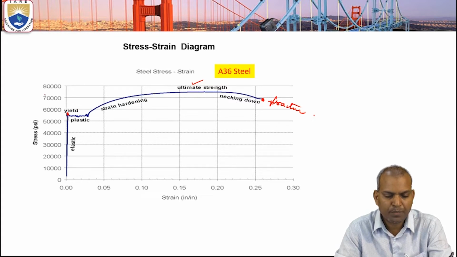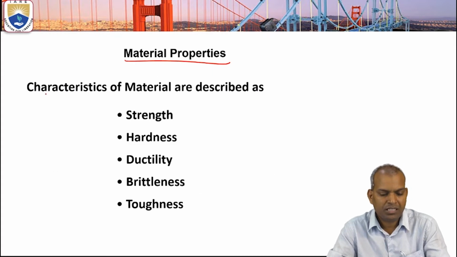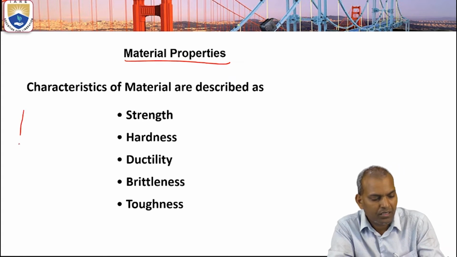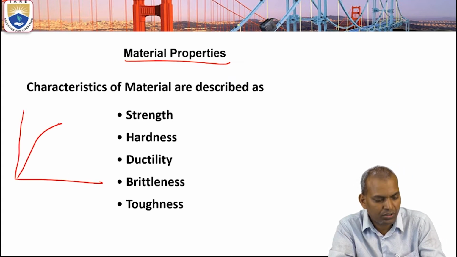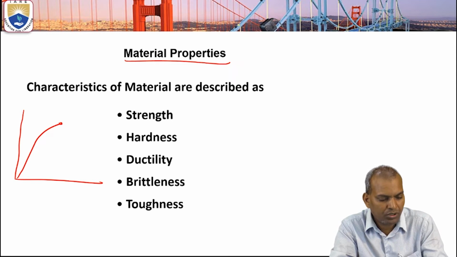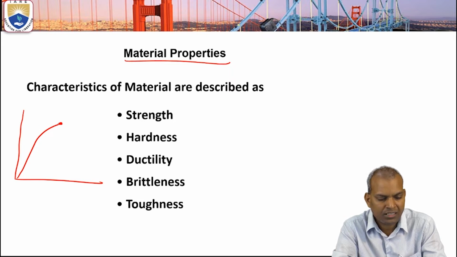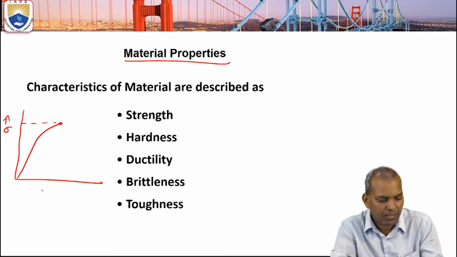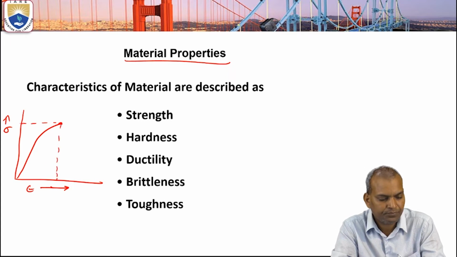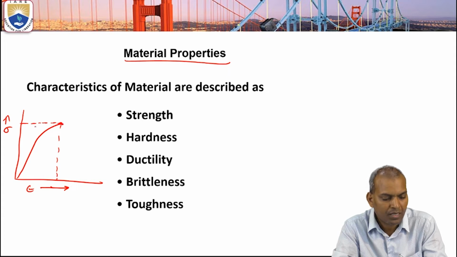Suppose we consider any brittle material, the stress strain diagram will go direct to fracture, without strain, and there is no separate ultimate tensile strength. Here, the ultimate tensile strength for brittle materials is the same as the fracture point.